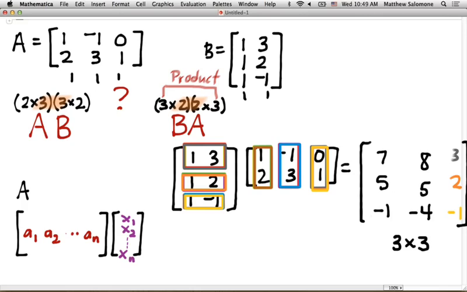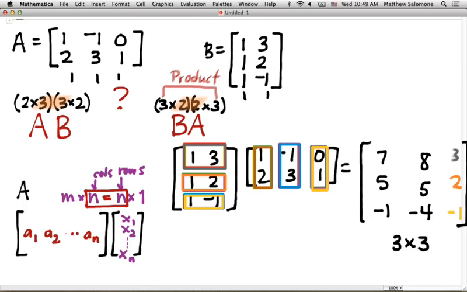N. In other words, there has to be the same number of rows in my vector, which I'm going to think of as an n by 1 matrix. I have to have the same number of rows here as I have columns over here. That these have to be equal. Otherwise, this product makes no sense at all.